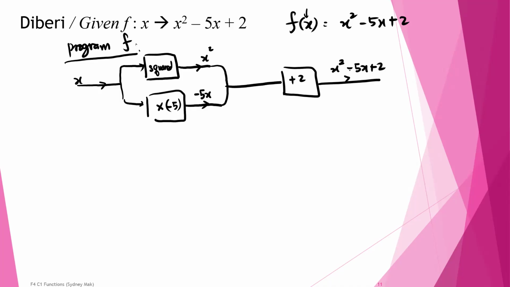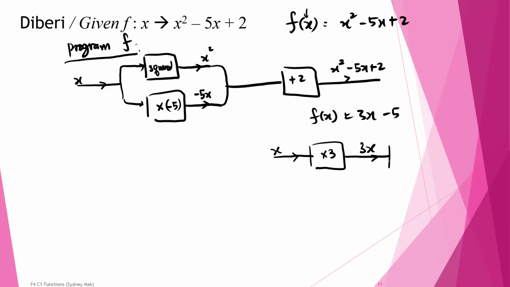f(x) equals x squared minus 5x plus 2. Like just now, if I use f(x) equals 3x minus 5, what does that mean? If this is the production line in the factory, the x goes in, we times 3 first. And after that, you minus 5.